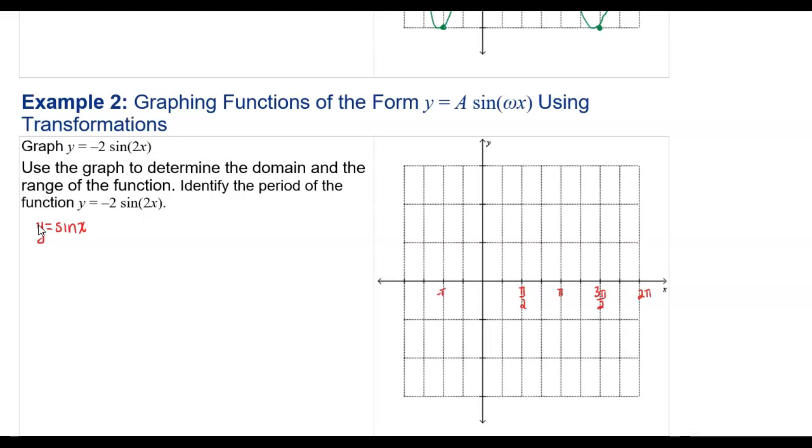I'll go ahead and do my left-hand side, and we have 1, 2, 3, -1, -2, -3. So we know it's (0, 0), (pi over 2, 1), (pi, 0), (3 pi over 2, -1), and (2 pi, 0), and we continue the pattern. Let's fill in y equals sine x.